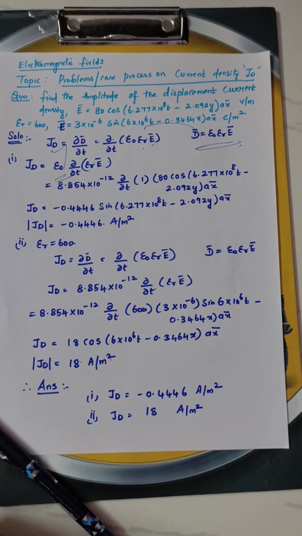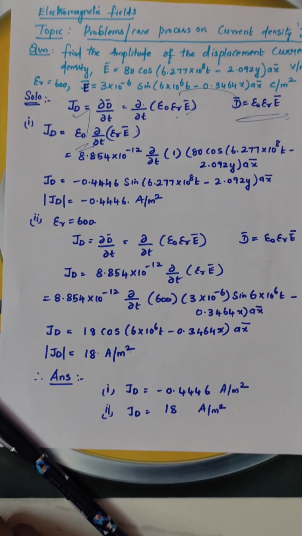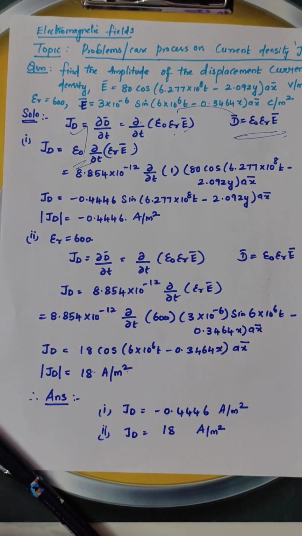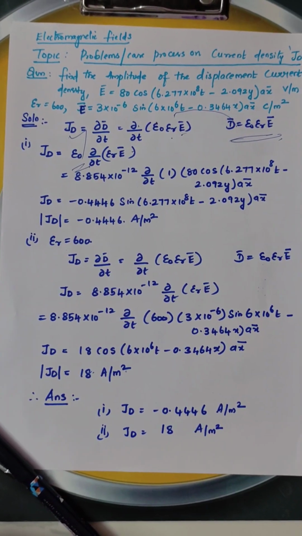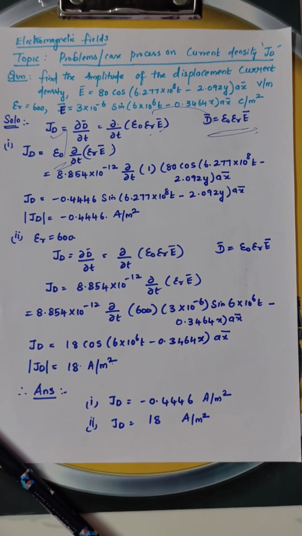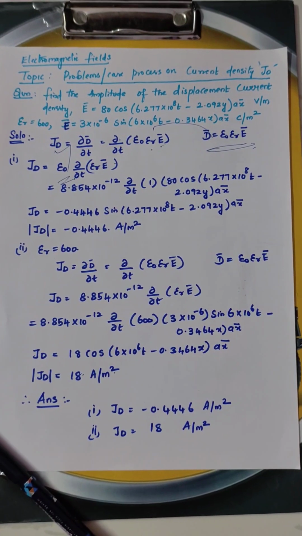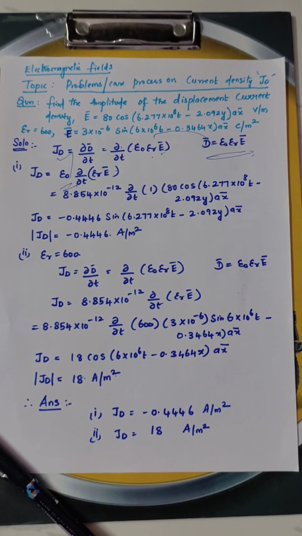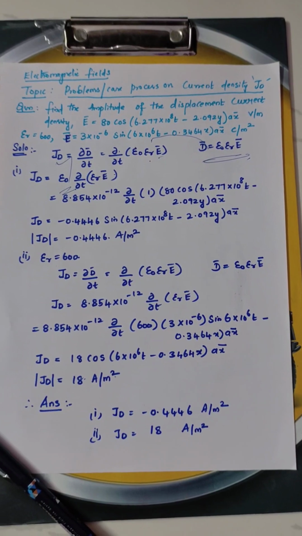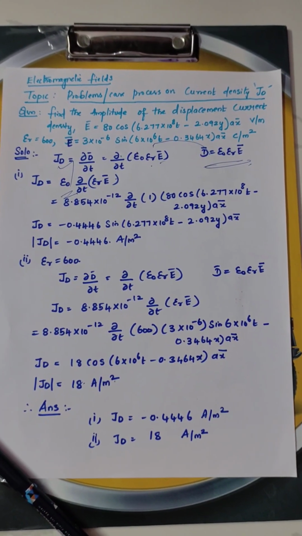What is the epsilon naught value? 8.854 into 10 to the power of minus 12, into dou by dou t of. What is the epsilon r value? Not given in the first case, so it is 1. E vector is directly given in the question as 80 cos of (6.277 into 10 power 80 minus 2.092 y) into ax vector. Then do the differentiation of cos, and you get sine with a minus sign.